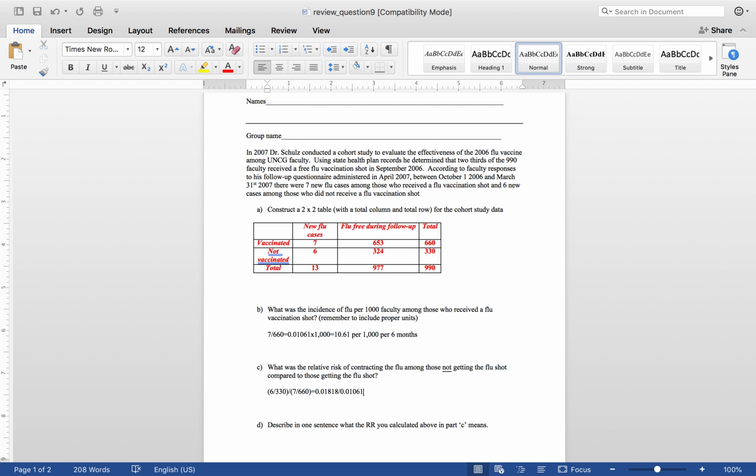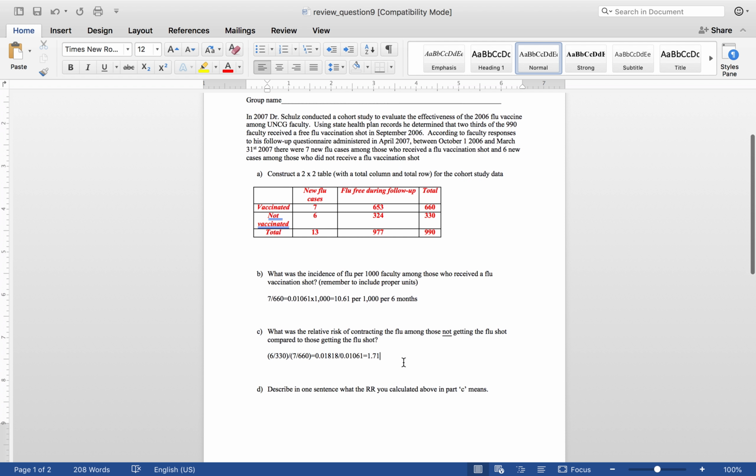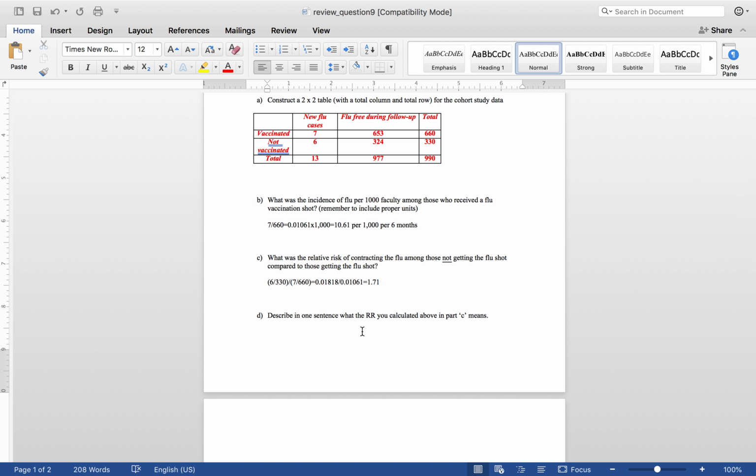And so once we calculate that out, we get a relative risk of 1.71. Okay? And so this is the relative risk. It's a ratio, so we're not going to put in per 1,000 or time period. That's not how we interpret the relative risk. It's just the ratio of one risk to another risk. So we would say that the relative risk is 1.71.